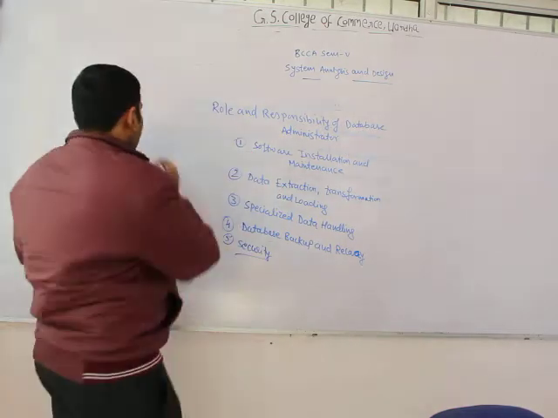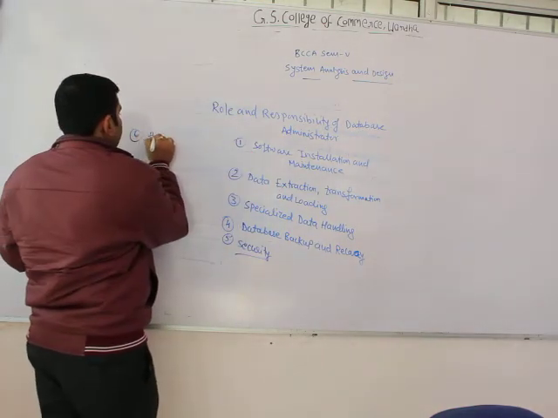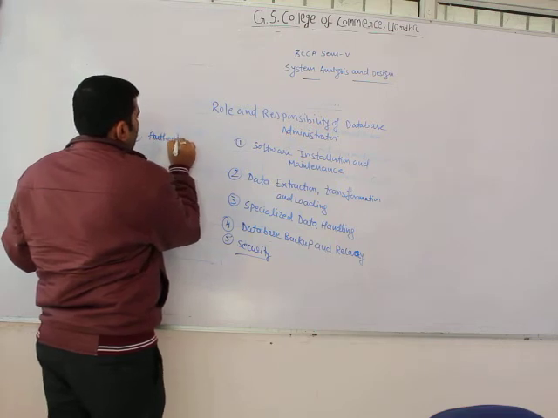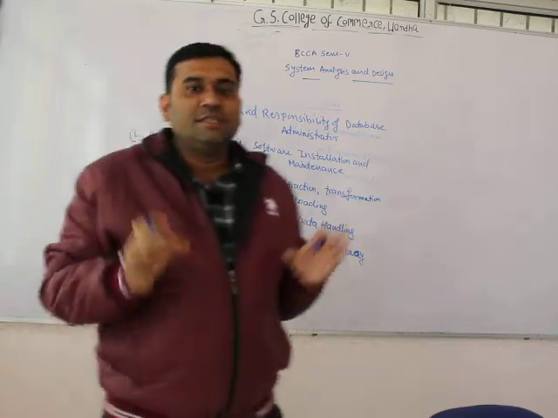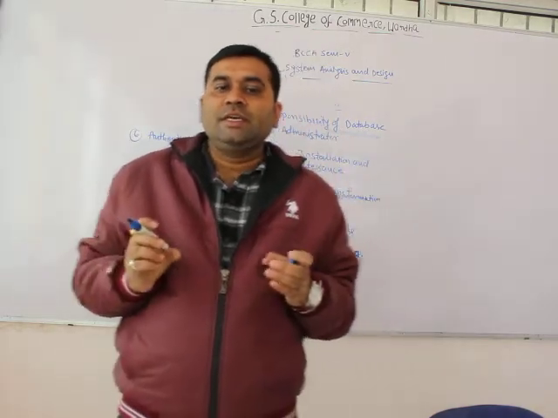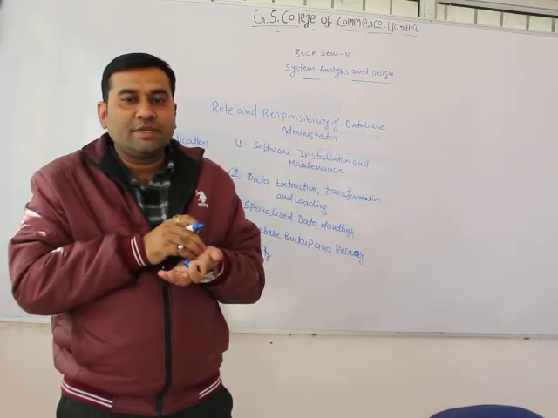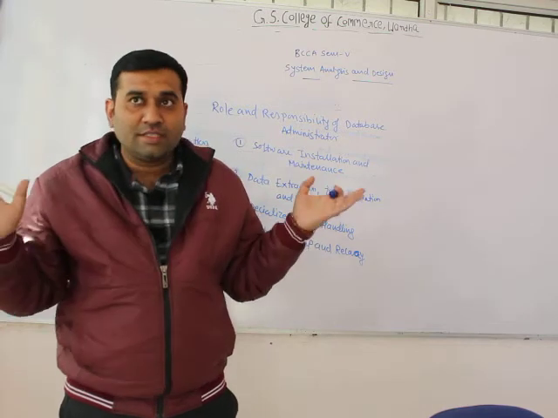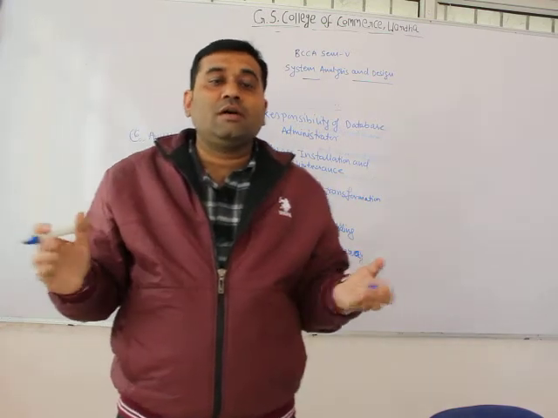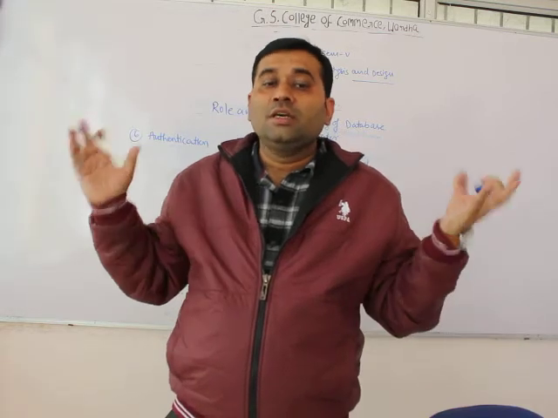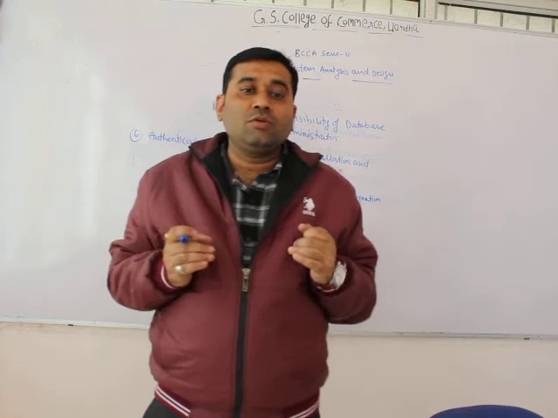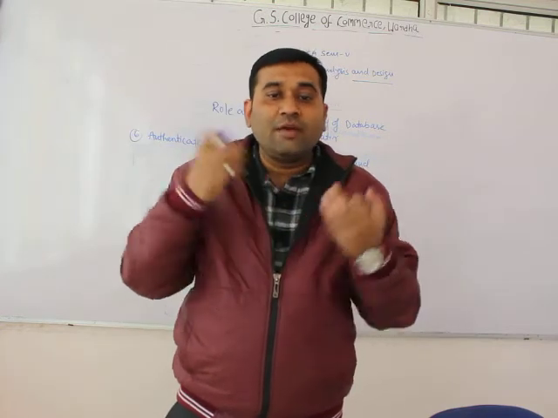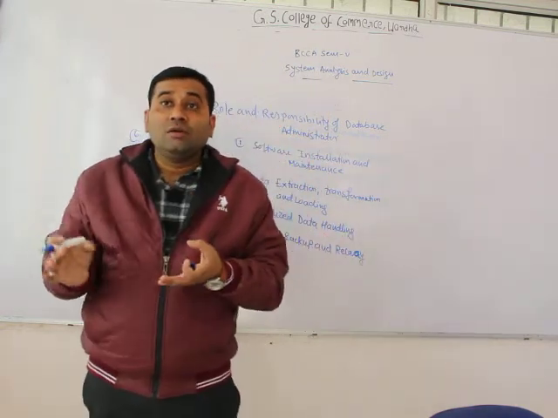Next is authentication. Authentication, setting up employee access, is an important aspect of database security. No unauthorized access, and no unknown person is accessing the database. The DBA controls who has access and what type of access they are allowed.